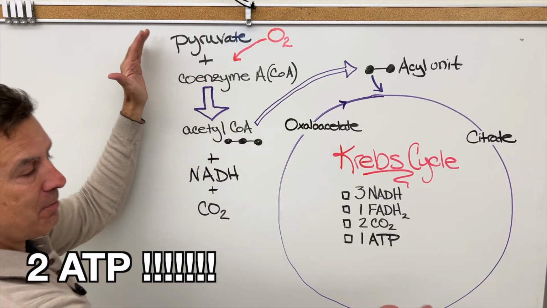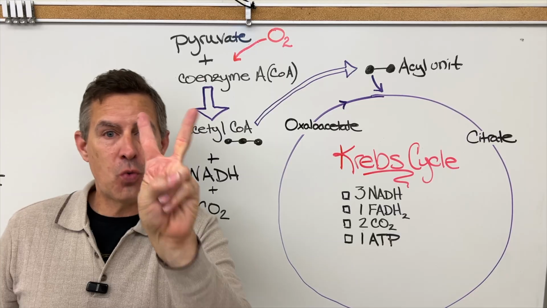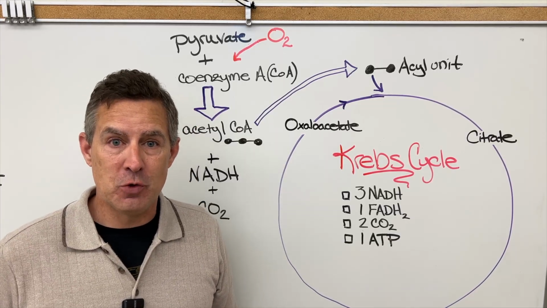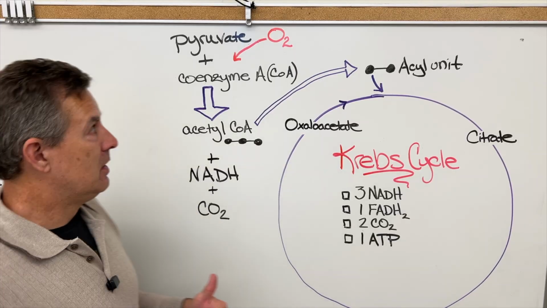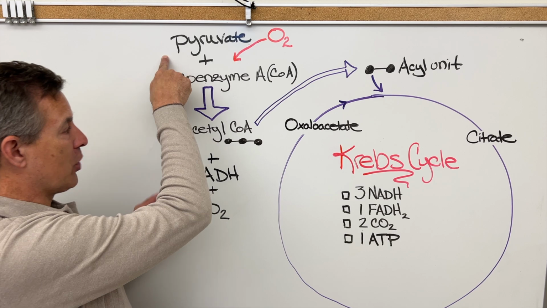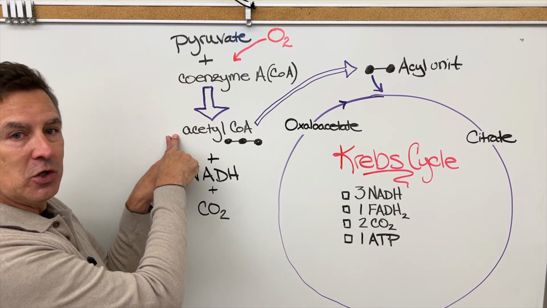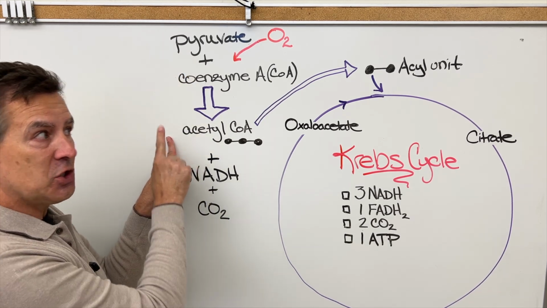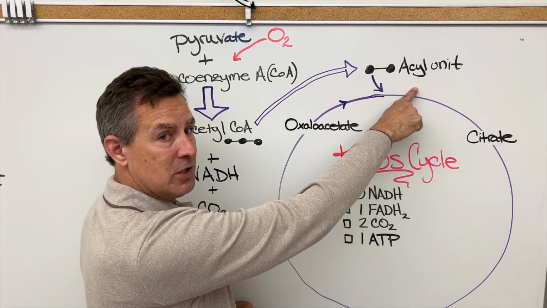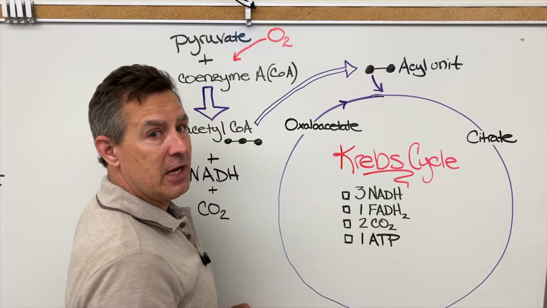So everything I've been describing here happens twice, because at the end of glycolysis, we are left with 2 pyruvate molecules. So if we have 2 pyruvate molecules, we're going to end up with 2 acetyl coenzyme A molecules. Each of those are going to be converted to the 2-carbon acyl unit. They will individually enter the Krebs cycle.